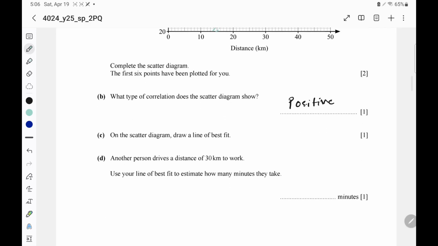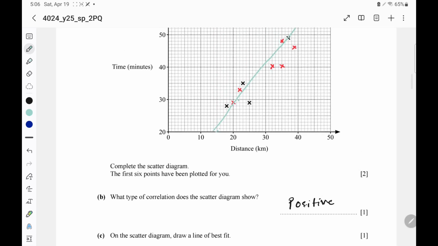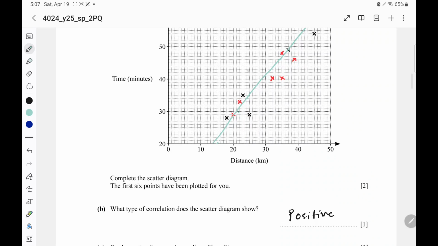Then another person drives a distance of 30 kilometers to work. Use your line of best fit to estimate how many minutes they take. So 30 kilometers, distance is on the x-axis, so you join 30 kilometers, then where it intersects, it's almost between 41 and 42.